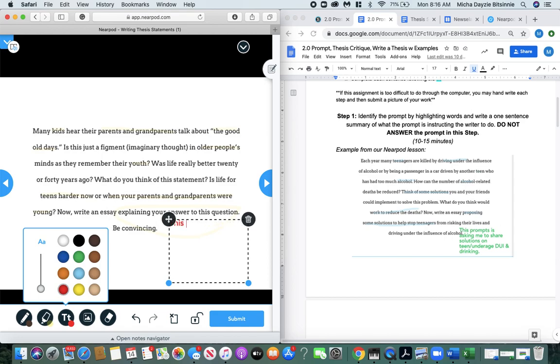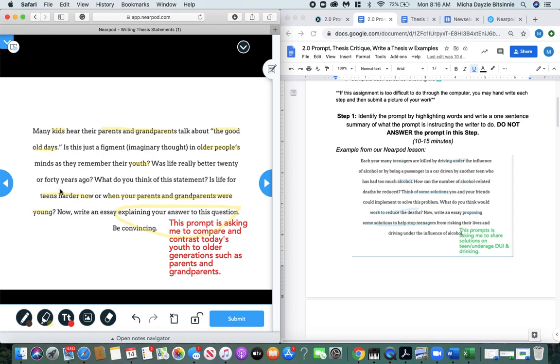You always want to start with this sentence starter: This prompt is asking me to compare and contrast today's youth to older generations, such as parents and grandparents. All right, there you go. So that is what the prompt is asking you to do.